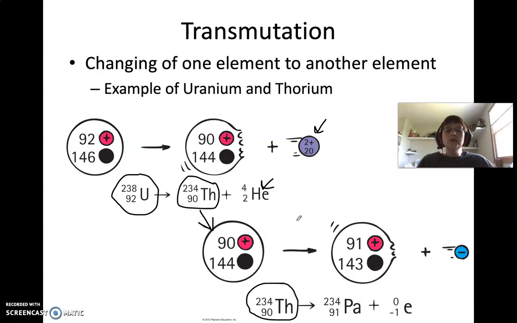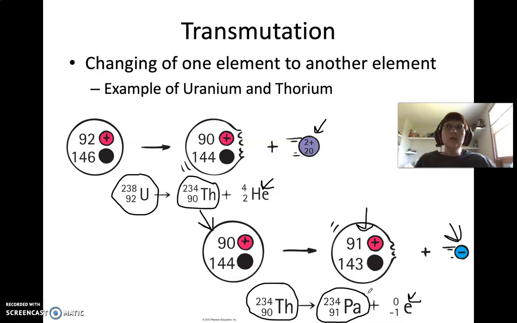It's not going to lose an alpha particle. It's only going to lose the beta particle, the electron over here. And when that happens, it gains a proton. So you can see we went from 90 to 91. So that gets us a new element that is one higher on the periodic table, palladium.